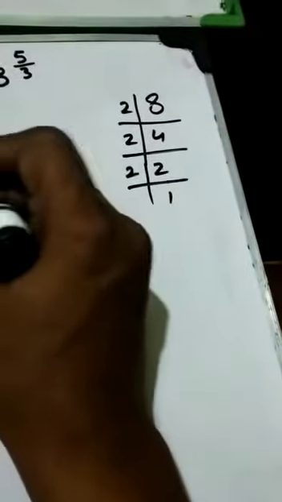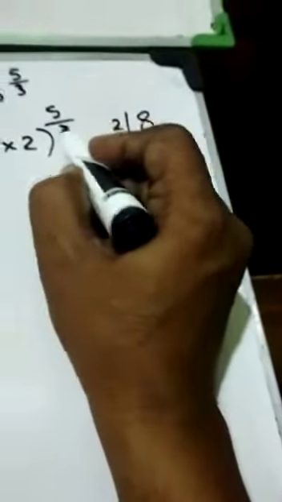Now this is 8 to the power 5 over 3. So 8 means 2 4s are 8, 2 2s are 4, and 2 1s are 2. So it is 2 into 2 into 2, and the power is 5 upon 3.